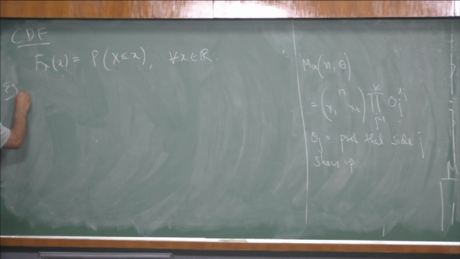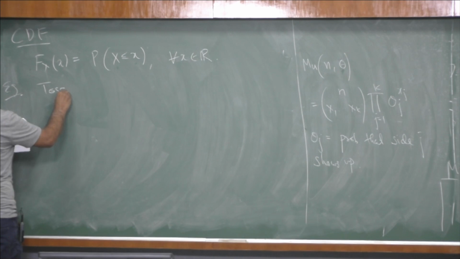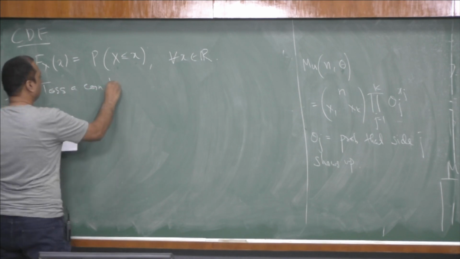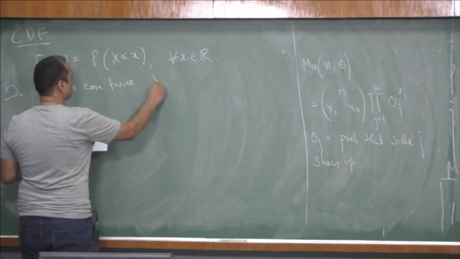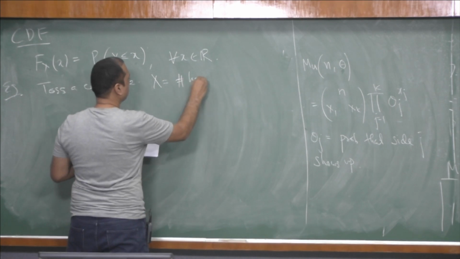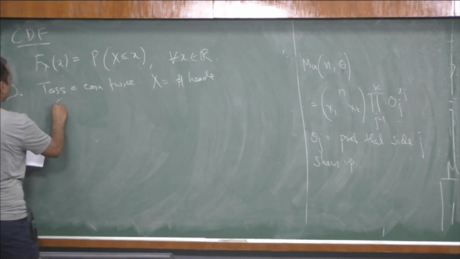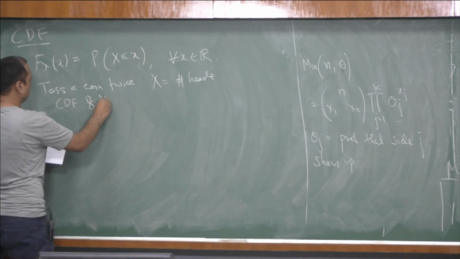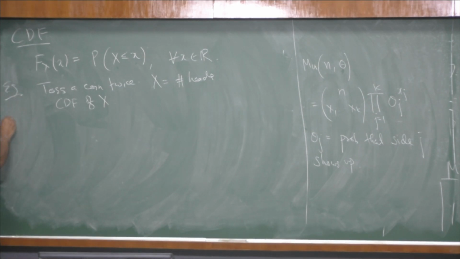So, example: toss a coin twice, and X is the number of heads. Find the CDF of X. We have already done these things. X is the number of heads, so we know this is a binomial.